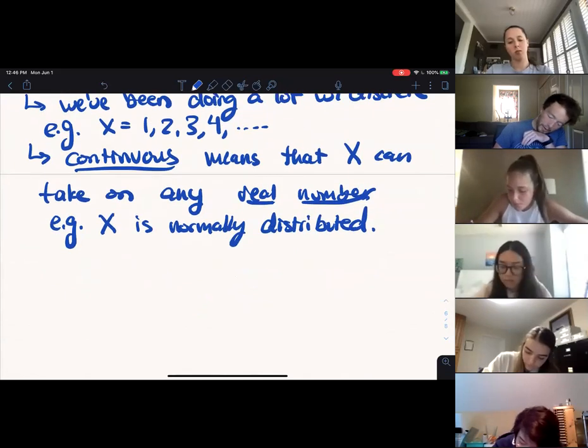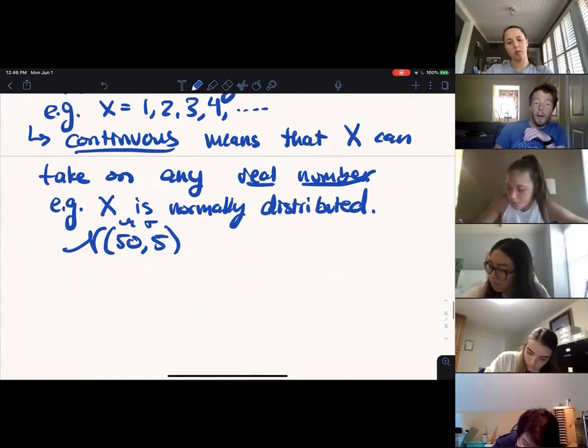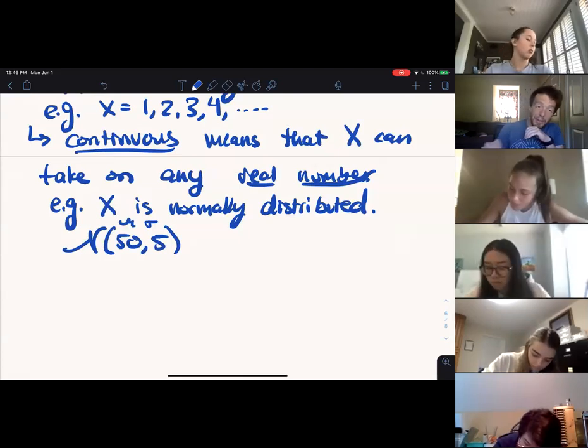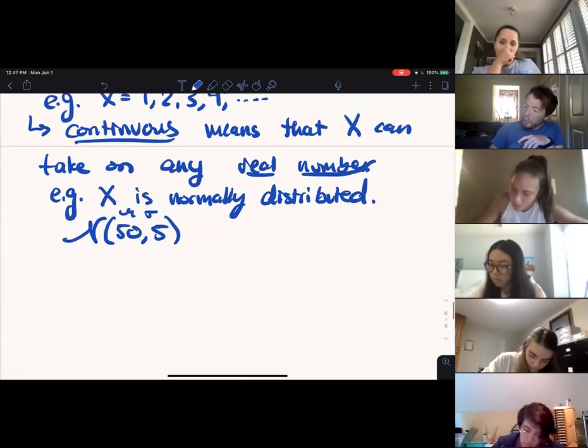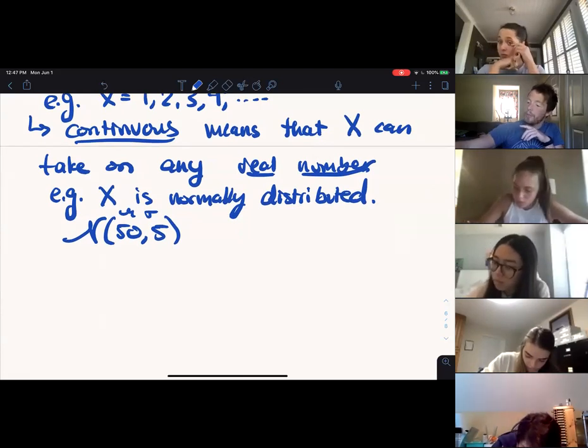If mu is equal to 50 and sigma is equal to 5, our x value could take on 45, it could take on 44.7, it could take on any of these numbers in and around our mean. And as a consequence, we have to model it with a continuous distribution rather than a discrete.